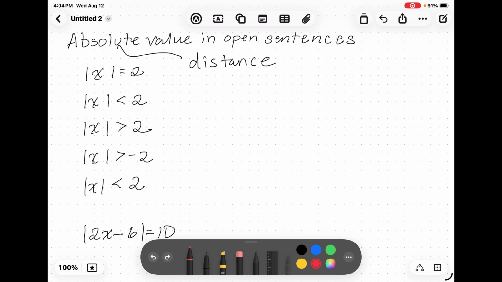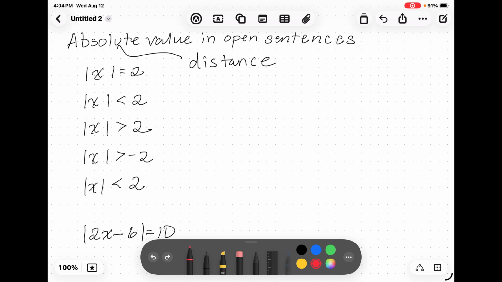What is this first equation saying? x is some value, so what values of x make the absolute value of x equal to 2? Think about that.